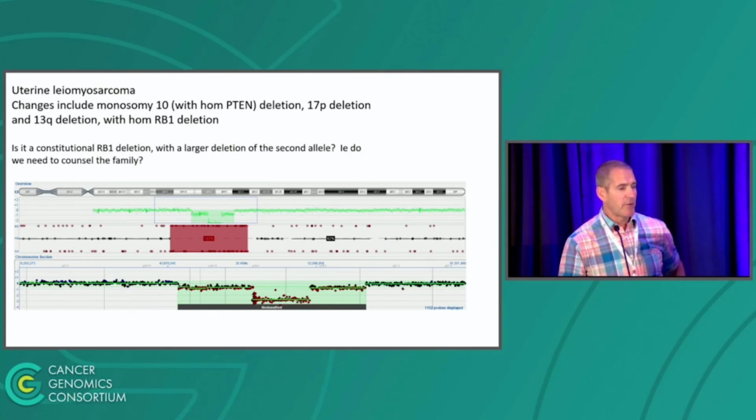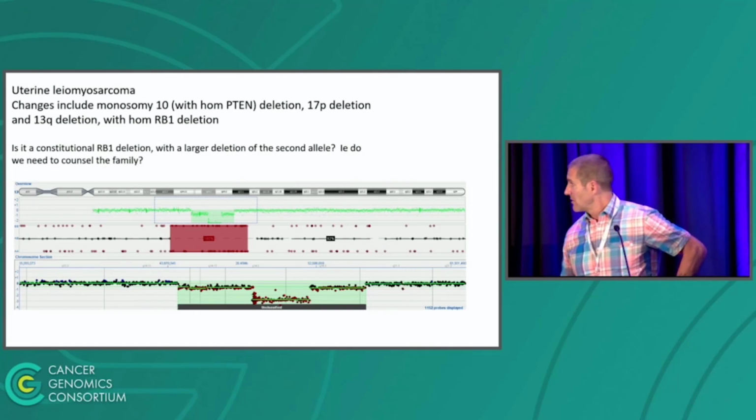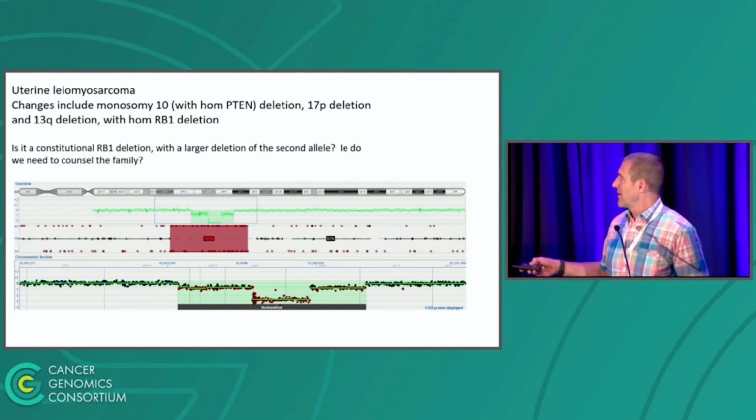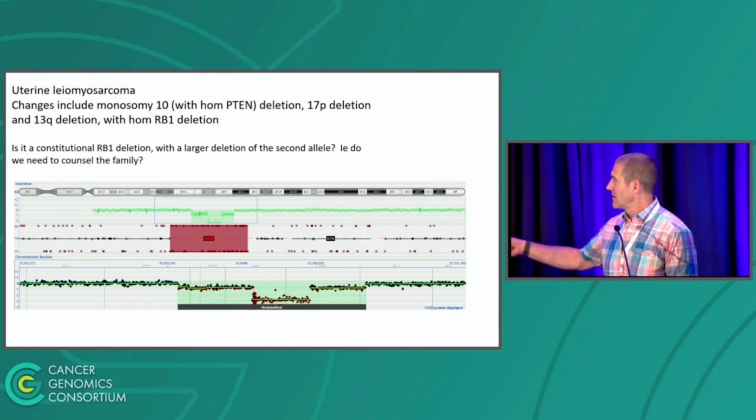This is an example that we had just this week in a leiomyosarcoma, and what we saw was consistent with the leiomyosarcoma. We had a 13q deletion, a 10q deletion, but we had what looked like a homozygous deletion of RB, and I didn't show the gene here, but it's just directly under where this patch of oligos have dropped out right here.